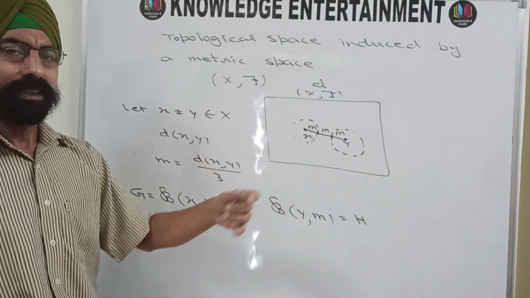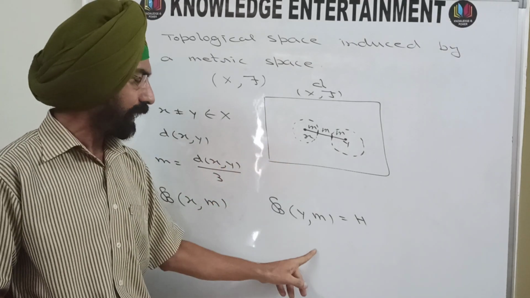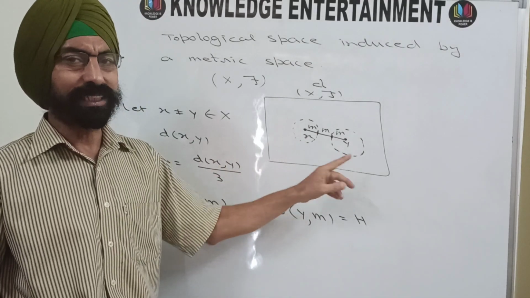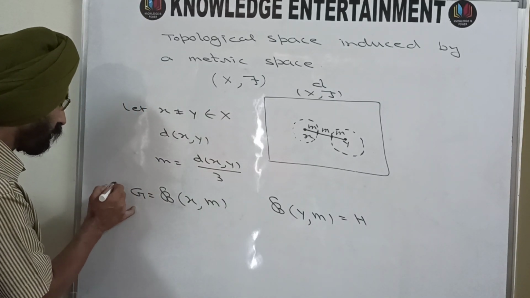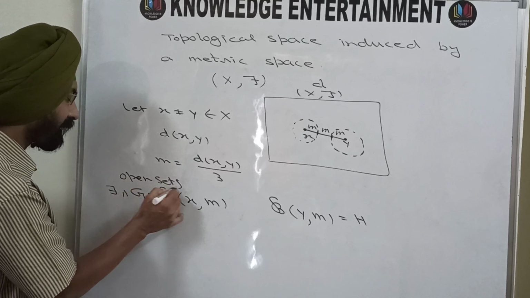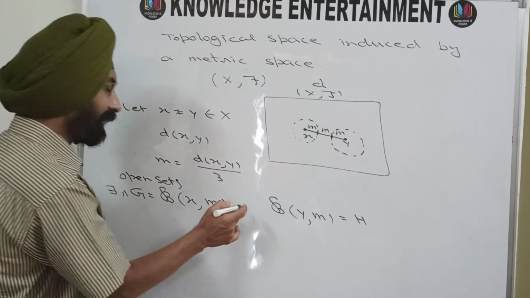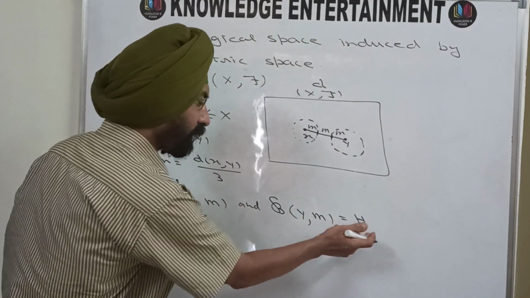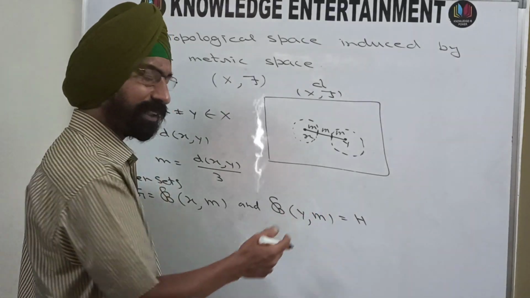From the diagram, it is very much clear that your G contains X, your H contains Y, and their intersection is phi. So there exist open sets G, that means the open ball centered at X of radius m, and open set H with center at Y and radius m.